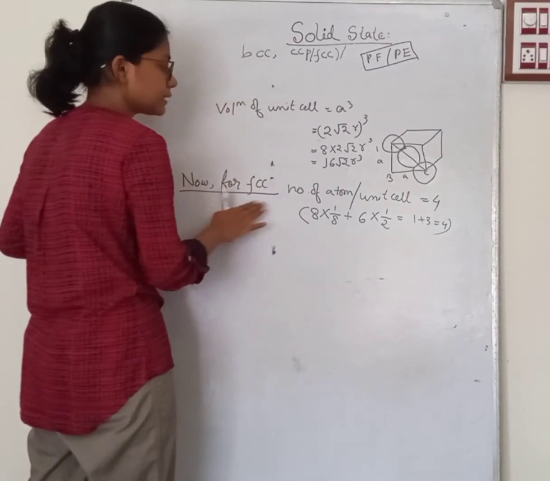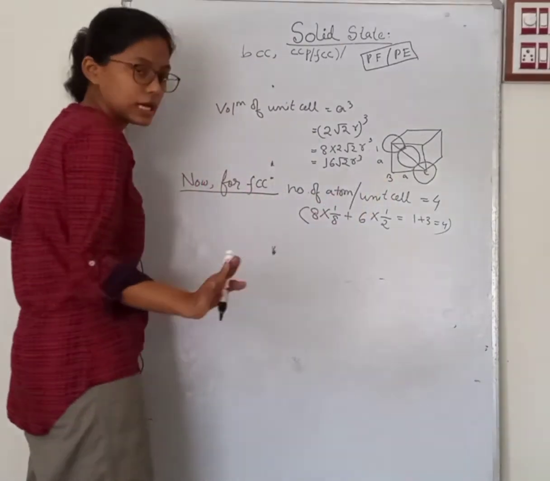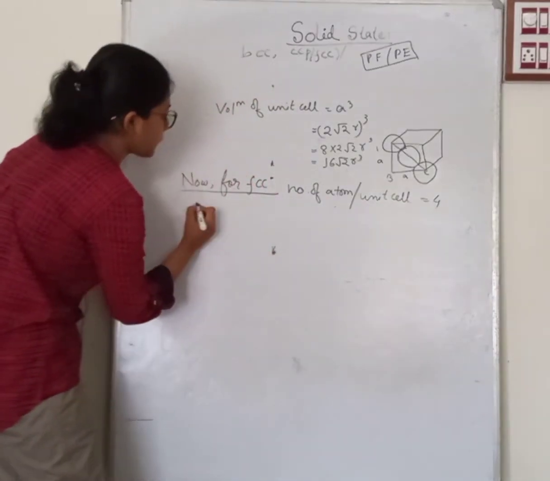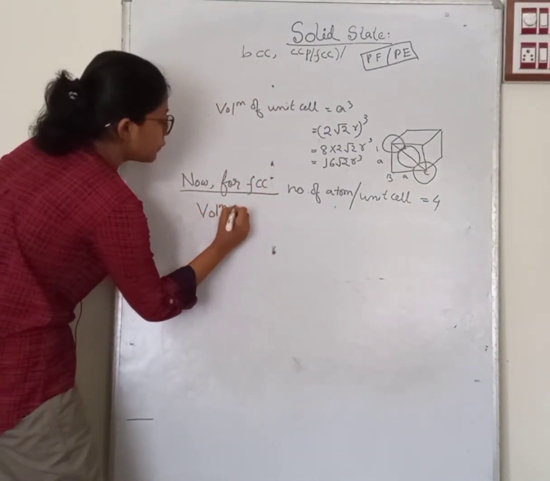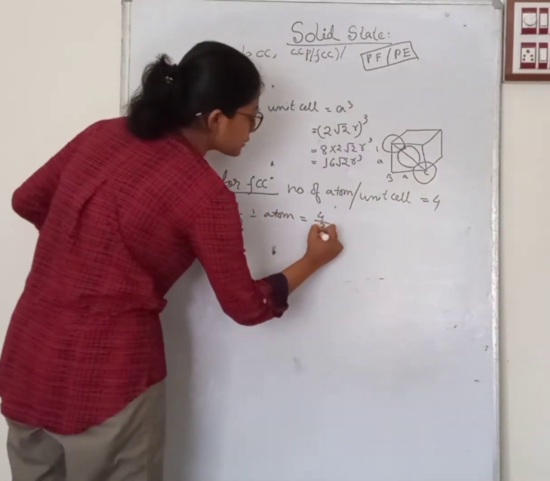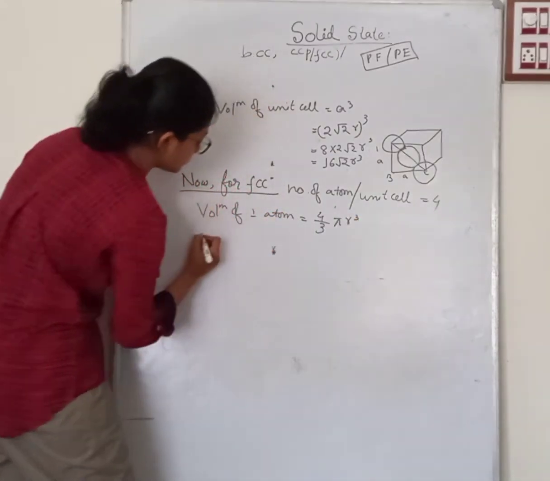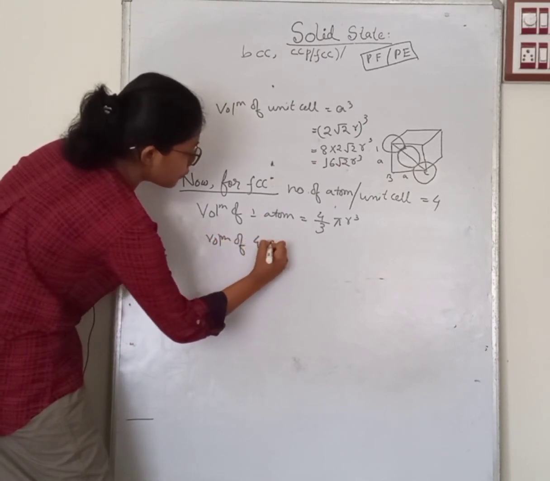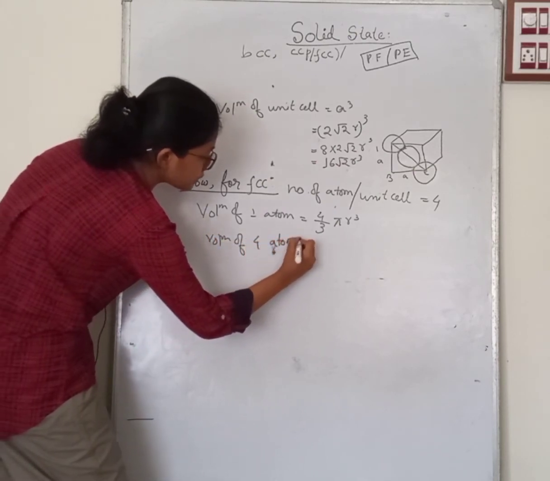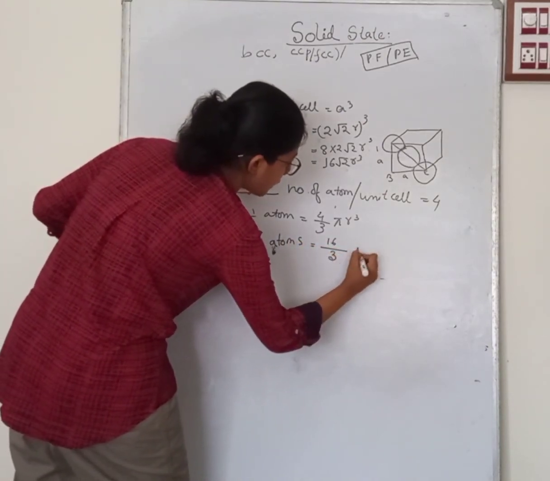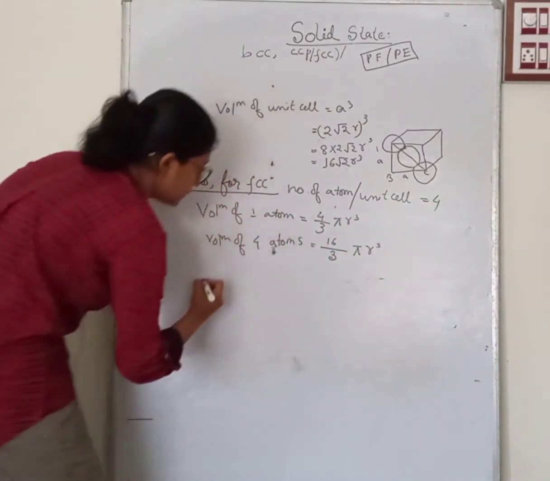So for face-centered, the number of atoms per unit cell is 4. Now the volume of one atom is equal to 4 by 3 pi r cube. Therefore the volume of 4 atoms is equal to 16 by 3 pi r cube.